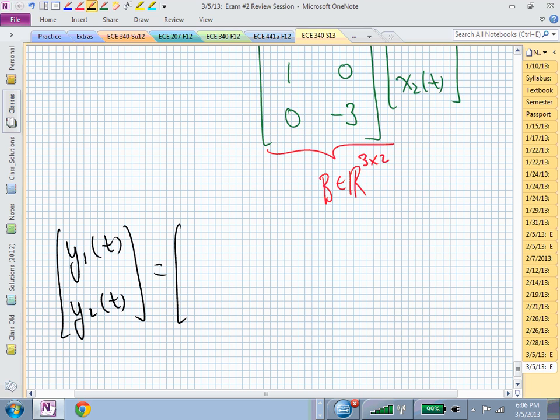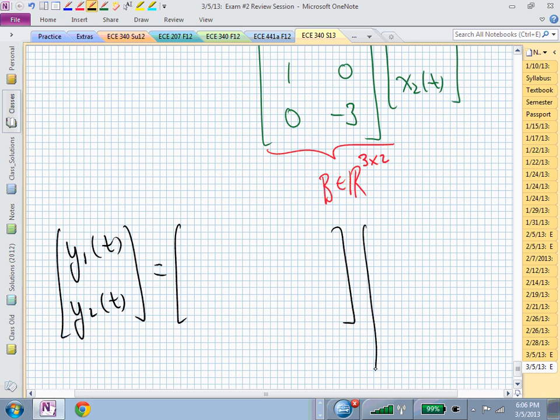How many rows does the C matrix have? How many Y's do I have? 2. So I better have 2 rows in my output matrix C. And how many columns?